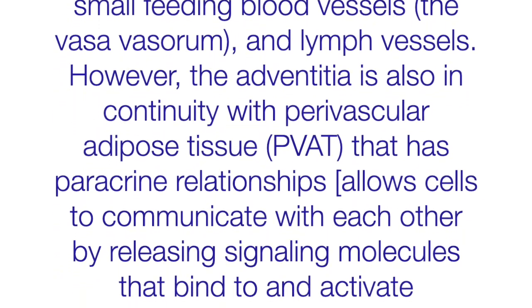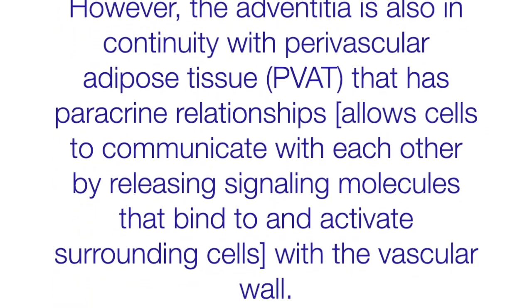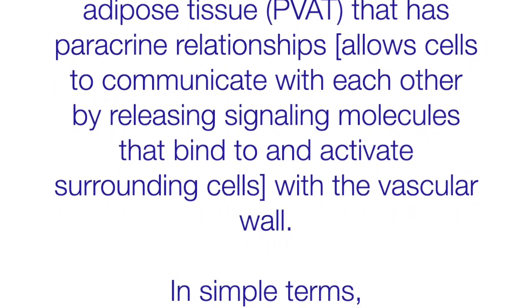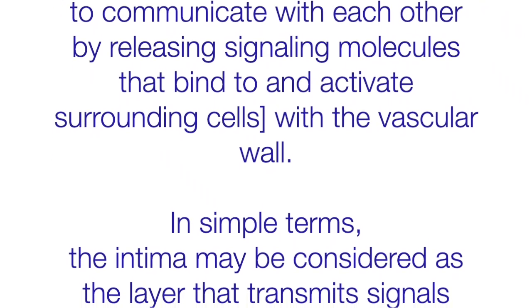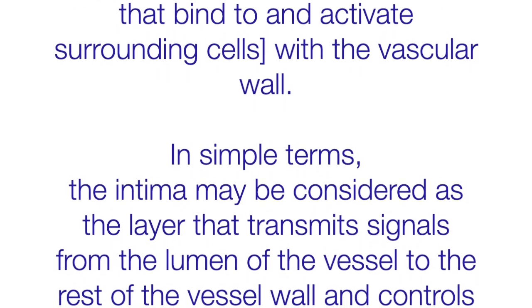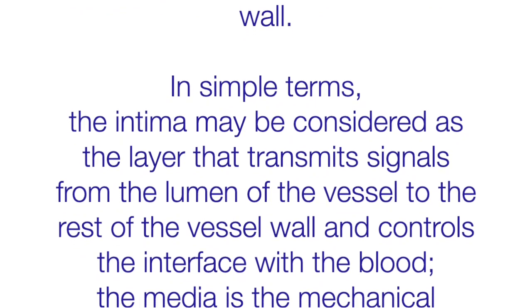However, the adventitia is also in continuity with perivascular adipose tissue, PVAT, that has paracrine relationships, that is, allowing cells to communicate with each other by releasing signaling molecules that bind to and activate surrounding cells with the vascular wall.